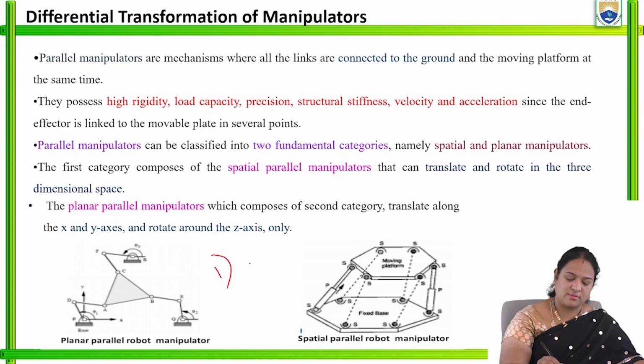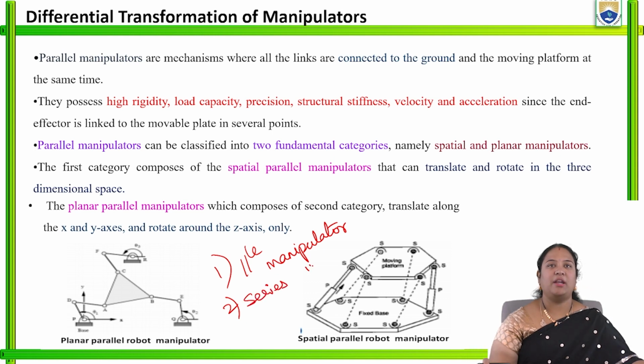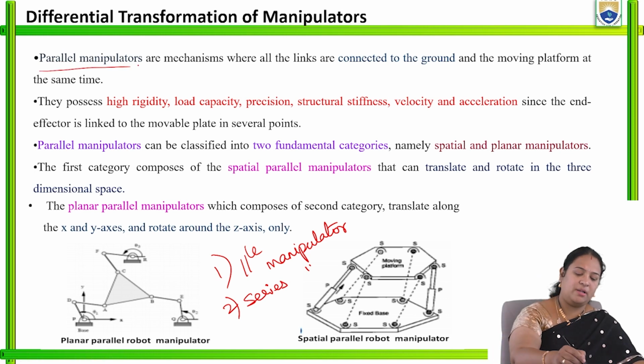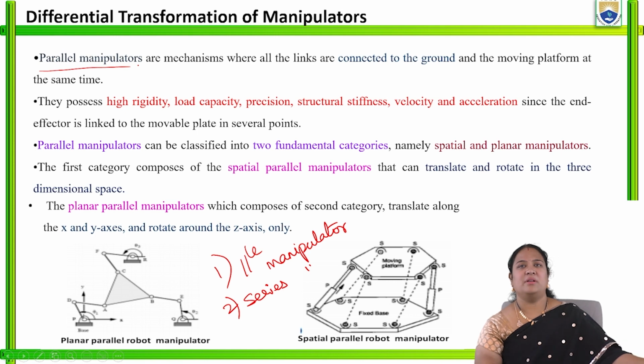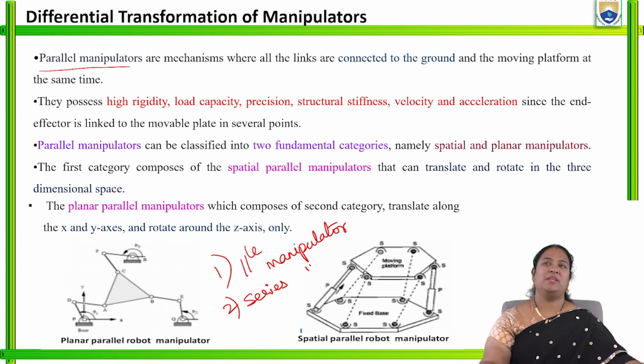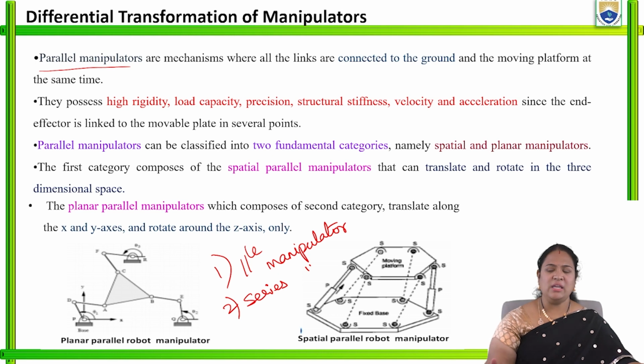The differential transformation of manipulator is also divided into two types. One is parallel manipulator and the other is series manipulator, right? So when we come across the parallel manipulator, what do we mean by parallel manipulator? Where the action of the links takes place in a parallel direction, right? That is, a parallel manipulator is a mechanism where the links are connected to the ground.